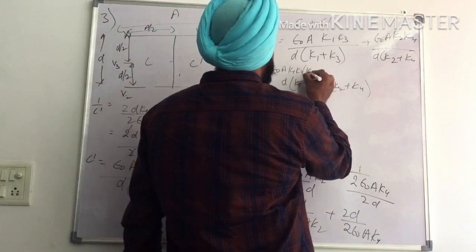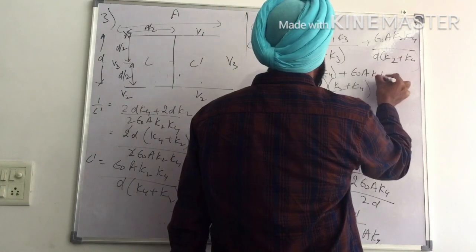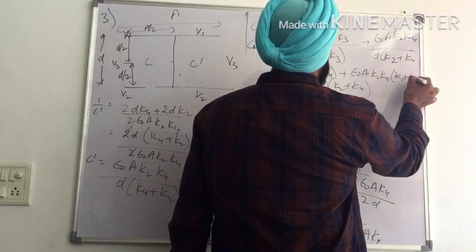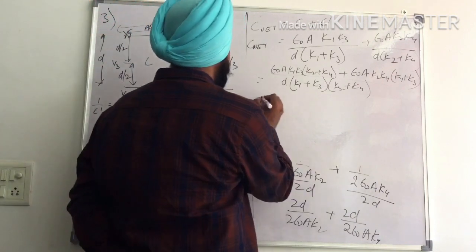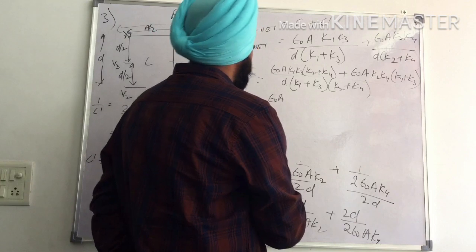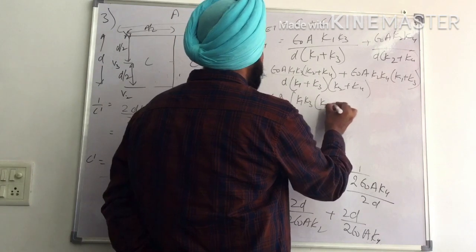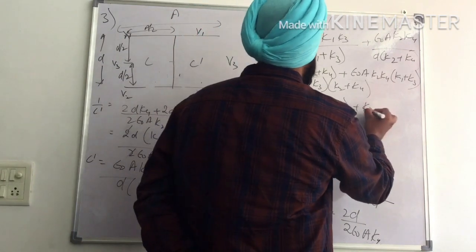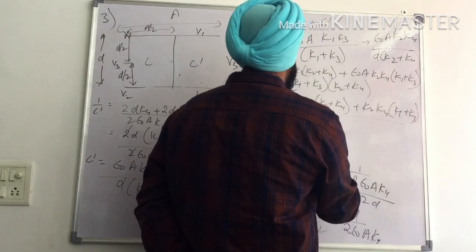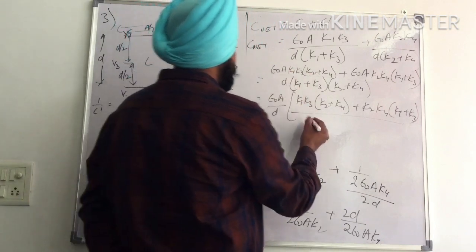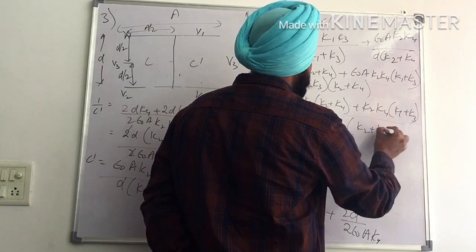So it will be K2 plus K4, plus epsilon naught A K2 K4 into K1 plus K3 over here. Fine. So further, epsilon naught A can be taken as common. So it will be K1 K3 into K2 plus K4 plus K2 K4 into K1 plus K3, over this D, which again can be written outside, K1 plus K3 into K2 plus K4.